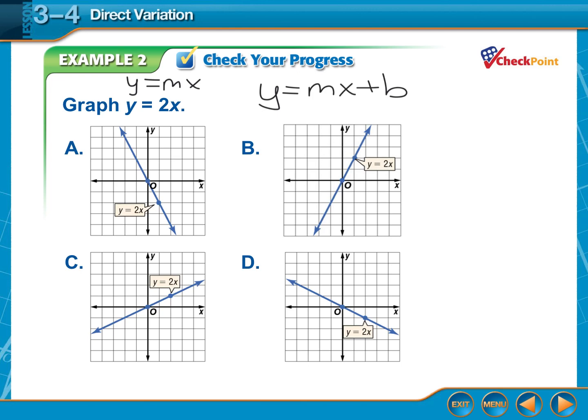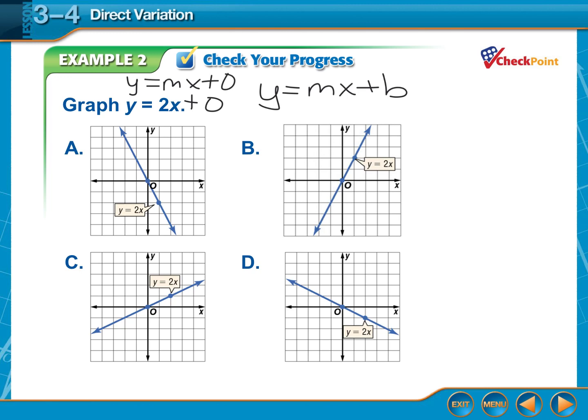Where would our starting point be? Origin, okay? This is like y equals mx plus 0, okay? So that y-intercept would be 0 on that origin, okay? So one of our points would be 0, 0, the origin, okay?